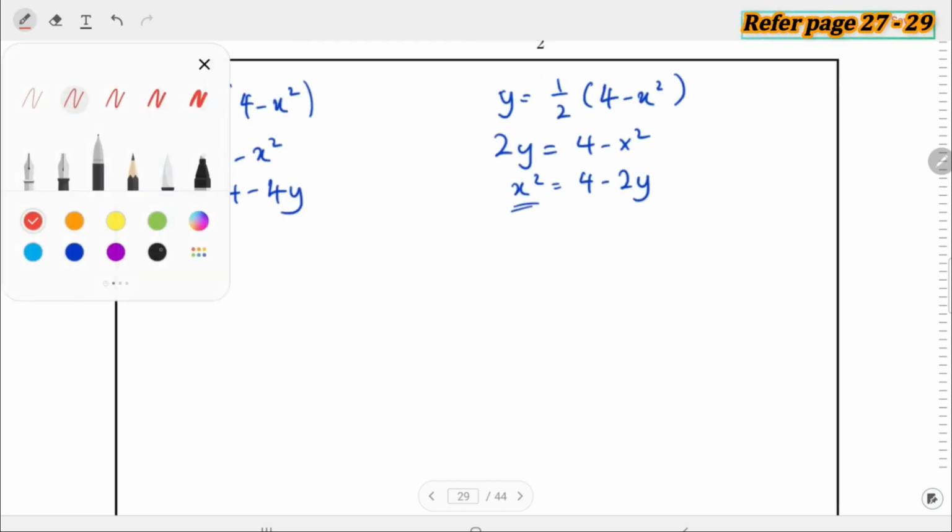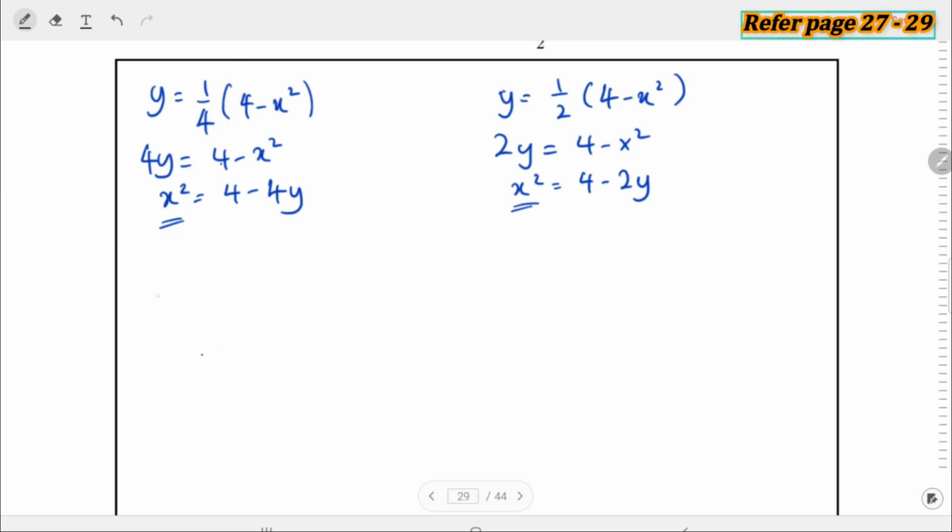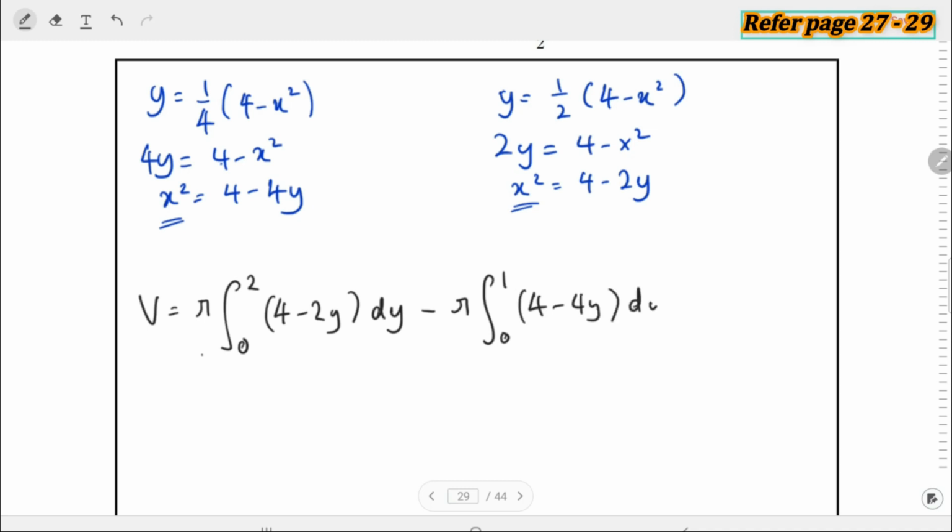So volume equals pi, the bigger one, from 0 to 2, of 4 minus 2y with respect to y, minus pi, the smaller function, from 0 to 1, of 4 minus 4y with respect to y. So this is the formula.